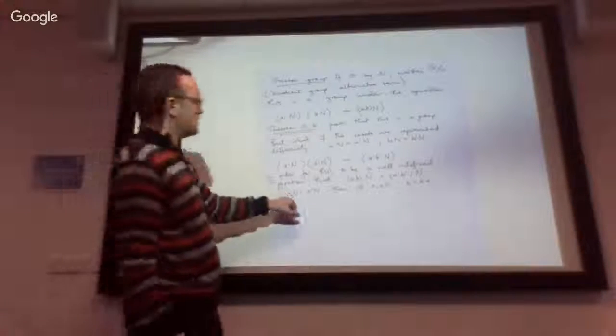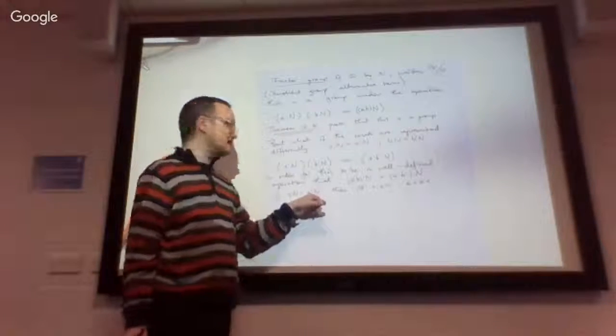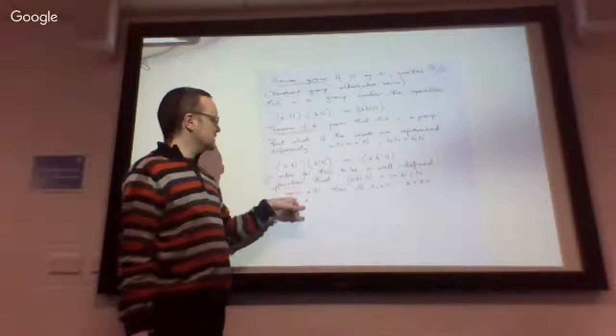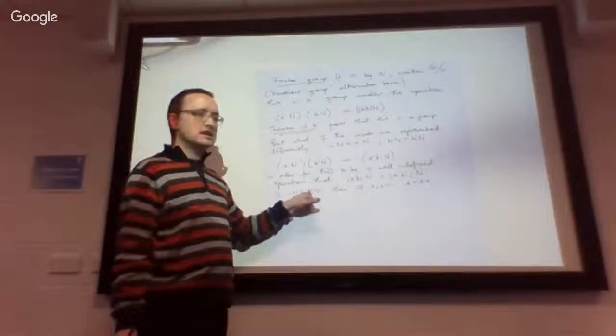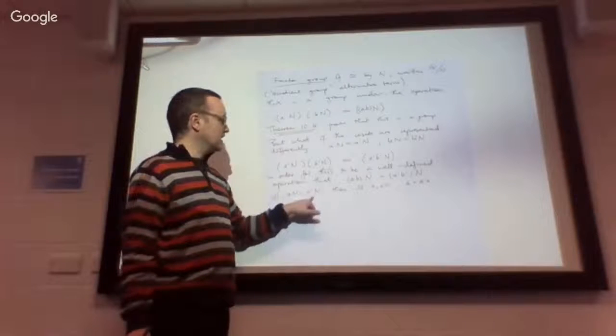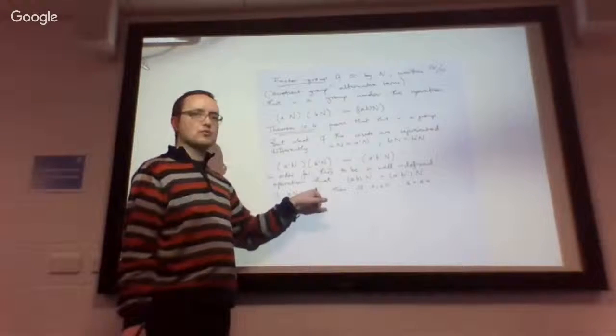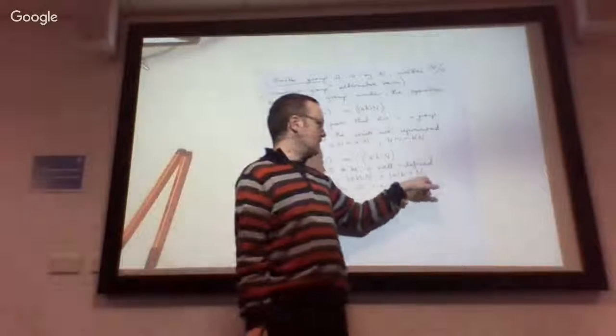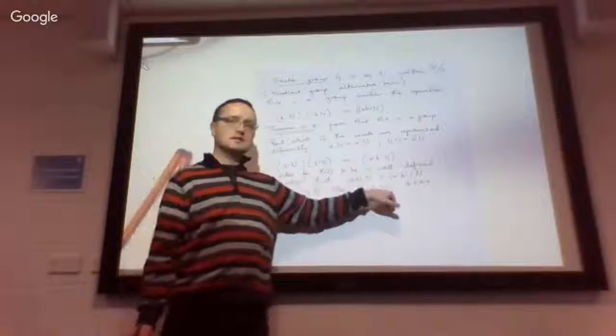Okay, because remember these two are the same on the set level. So a is one of the elements in here, so it must be one of the elements in here. And the only thing I can say about it is, well, it must have the general form of an element in here, which is a prime times something from the set capital N.